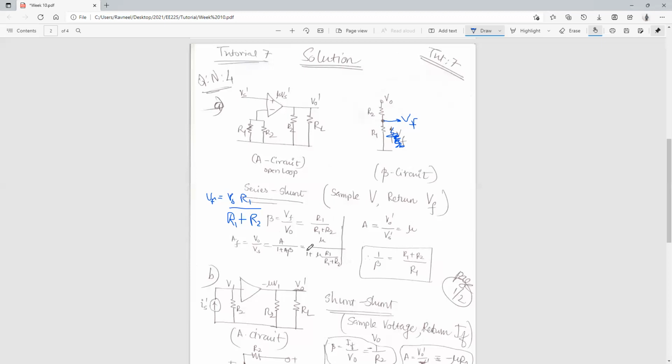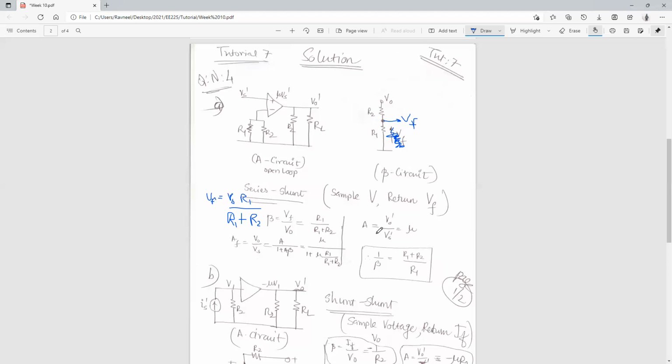So in place of A, we substitute mu, and in place of beta, we substitute R1 upon R1 plus R2. This will be the formula for your closed loop gain. However, this is shown over here in your solution set.